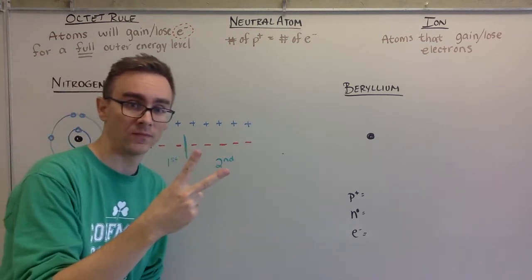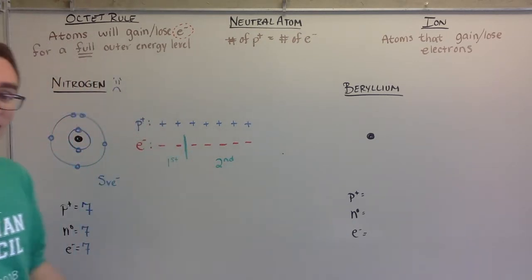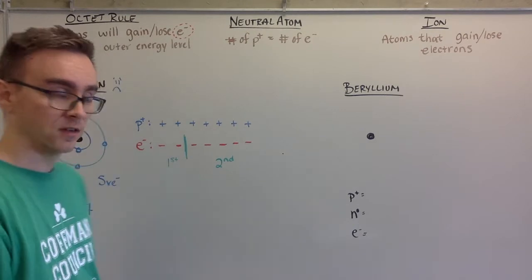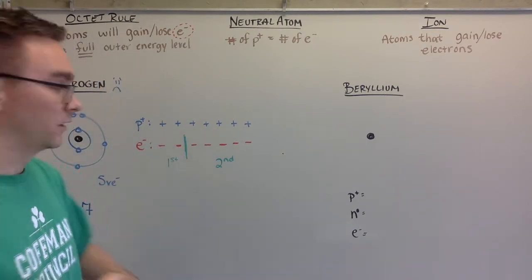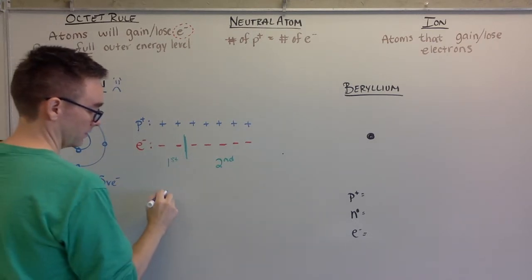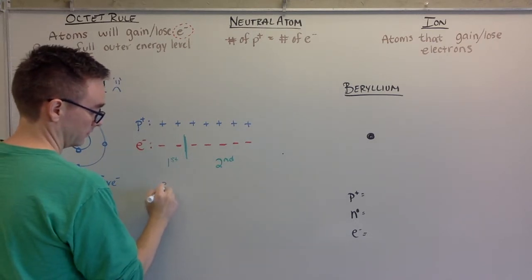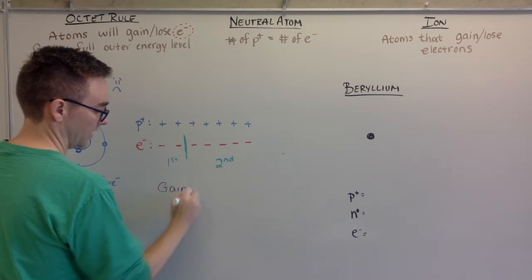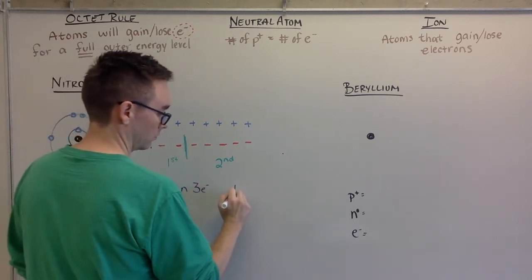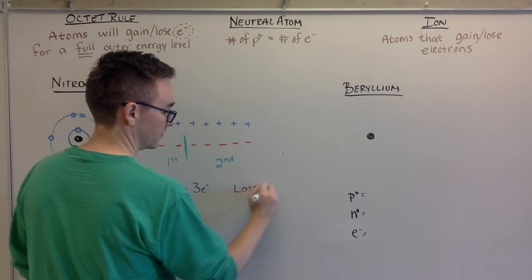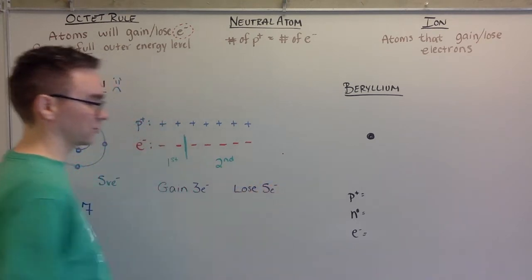He has 2 choices. All right? He can always gain or lose electrons. He's always going to do whatever's easier. By easier, I mean the lower number. All right? He can either gain 3 more electrons to get 8, or he can lose 5 electrons.